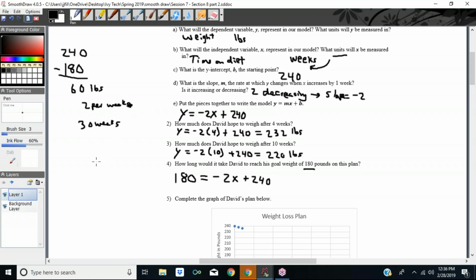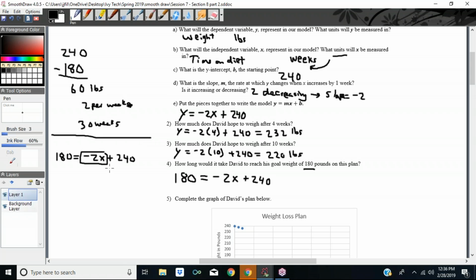So we could do it like that. Another way we could do it is algebraically or mathematically. And I'll show you how to do that just so you have this option. So we would do it by solving the equation. And when we solve an equation, what we do is we want to isolate the variable. We want to isolate this x.